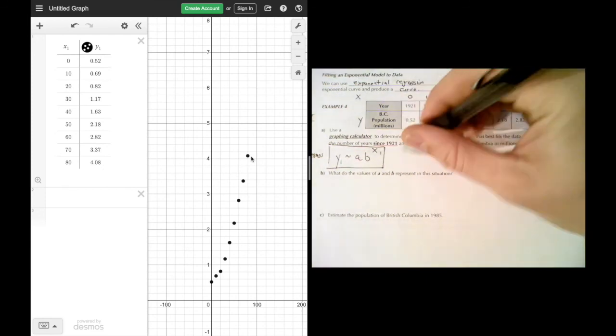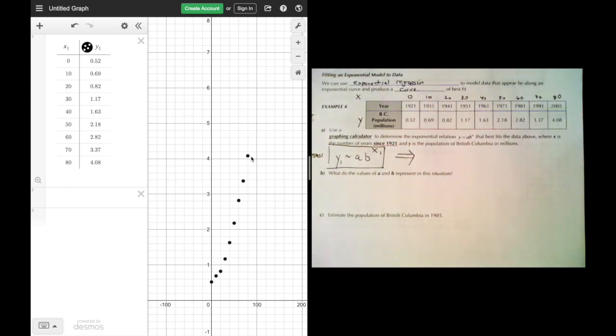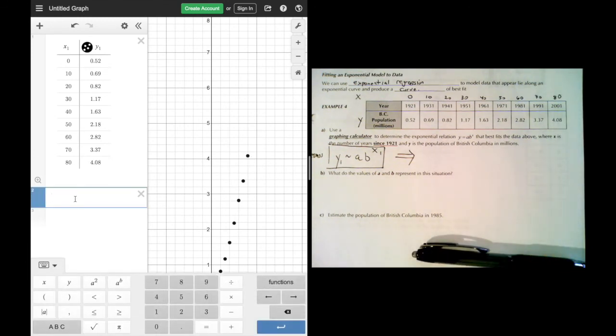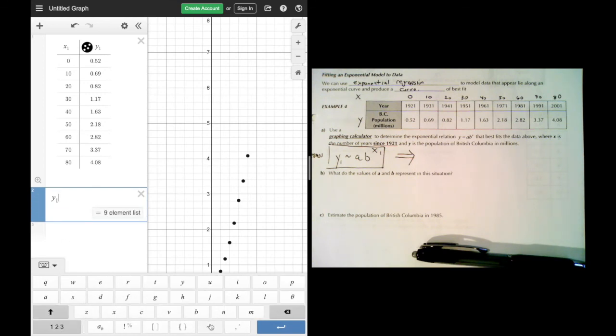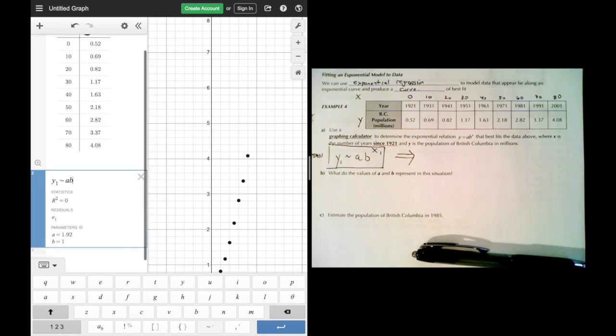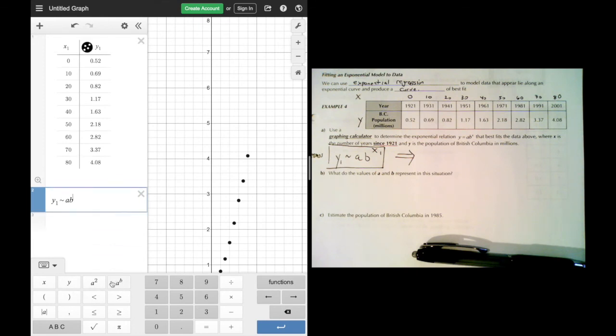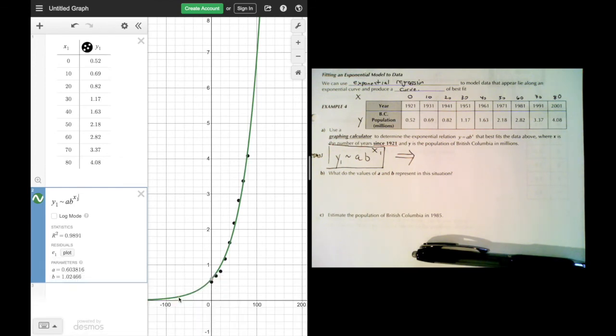Let's make a model. We got y1 squiggle, a, b, and then we want an exponent, and we want x1. And there we go. There's our exponential curve of best fit, and there's our parameters a and b.